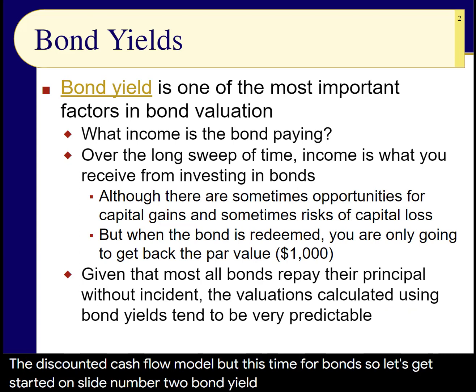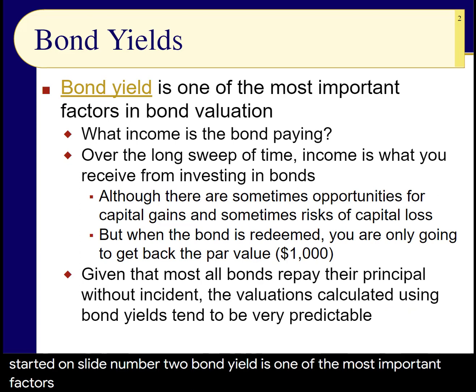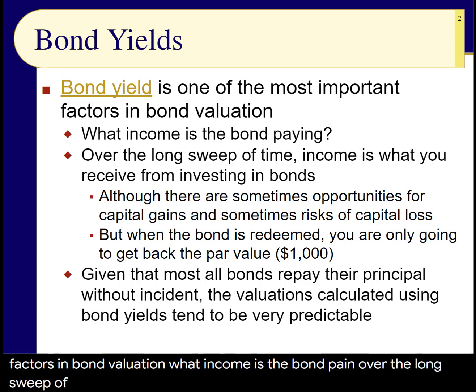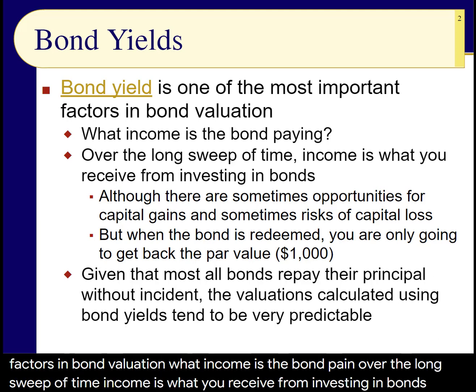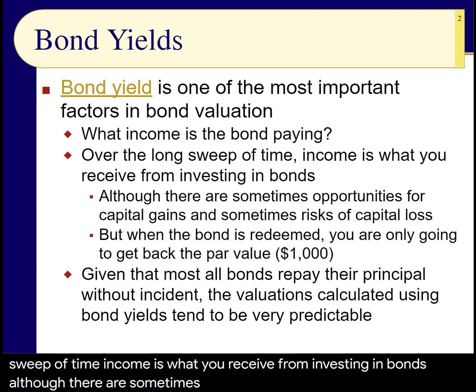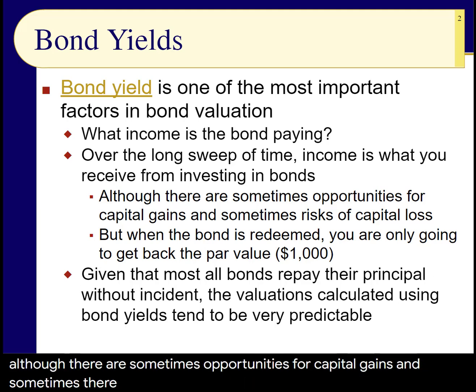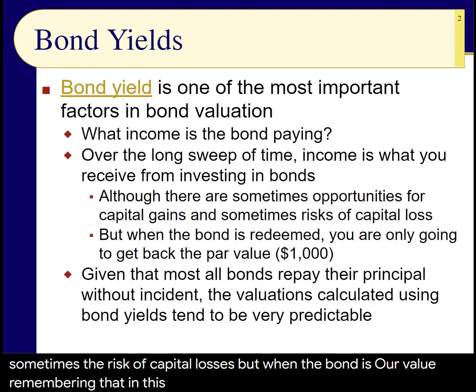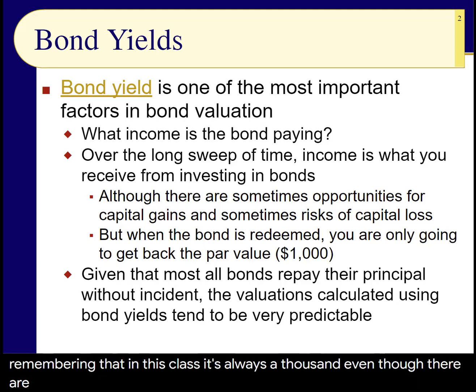Bond yield is one of the most important factors in bond valuation. What income is the bond paying? Over the long sweep of time, income is what you receive from investing in bonds. Although there are sometimes opportunities for capital gains and sometimes the risk of capital losses, when the bond is redeemed, you're only going to get back the par value, remembering that in this class it's always 1,000, even though there are a few bonds that are 5,000 and 10,000 bonds.